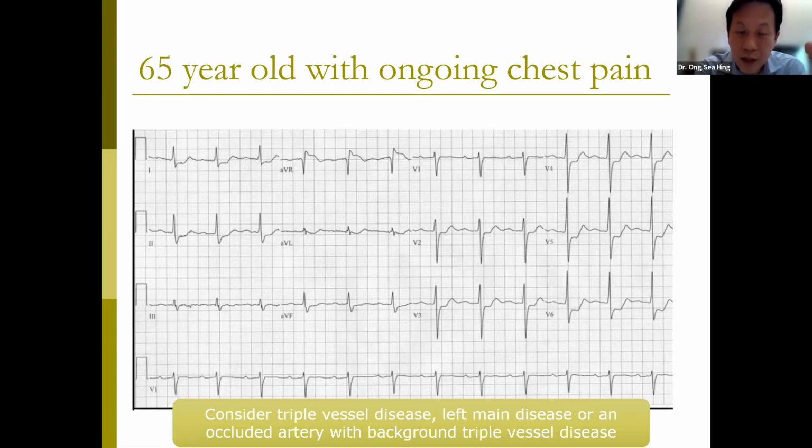Either the circumflex is occluded, or one of the RCA branches, the RPD, the right posterior descending, or somewhere along the RCA is occluded, and the patient has underlying severe triple vessel disease, then you get this diffuse ST depression and ST elevation in VR. You may not get any ST elevation even in a 100% occluded artery, but if the patient has ongoing chest pain, again, if you have a cardiac catheterization lab, you need to bring this patient to the cath lab.